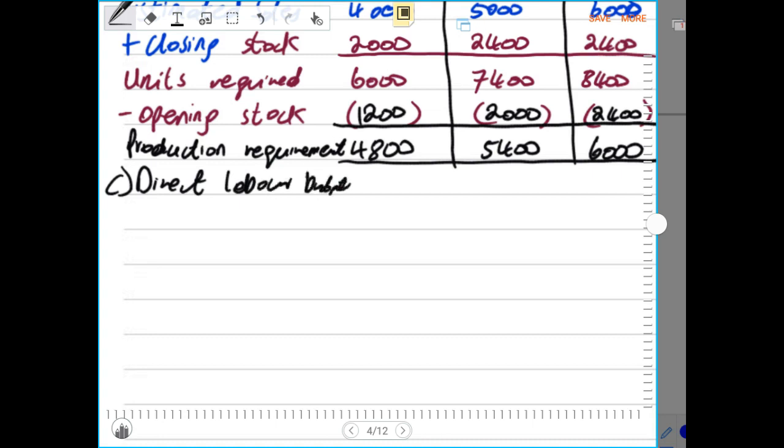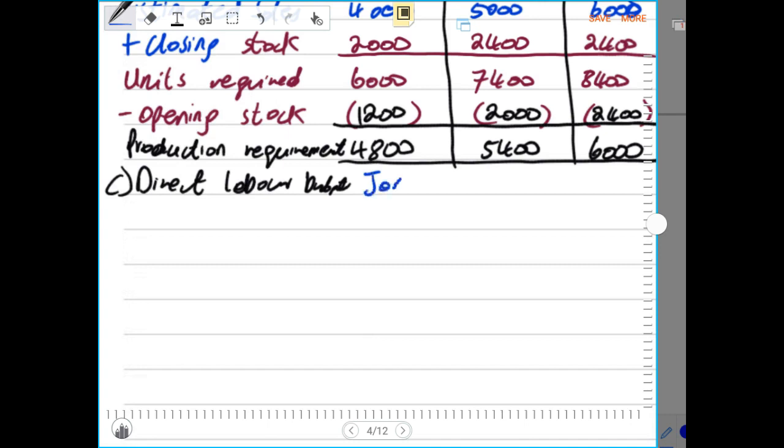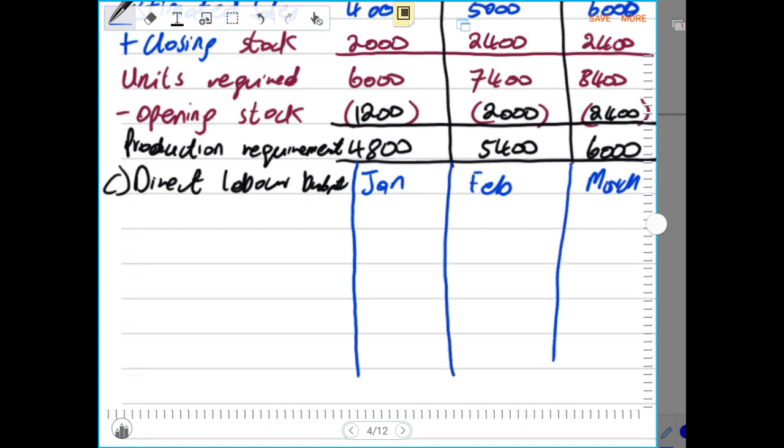Remember, I said that I will do material later on, and our direct labor budget is for the 3 months: the month of January, the month of February, and the month of March. Remember, it is for a 3 months period, or the first quarter of the year. Then now we know that this budget starts with the production required.